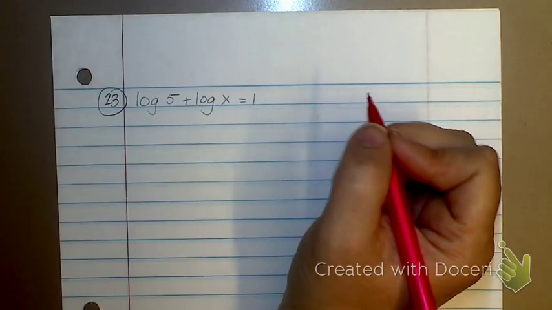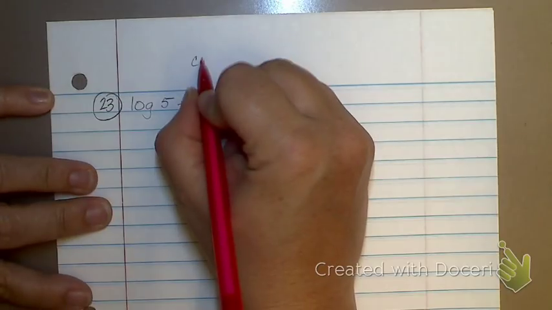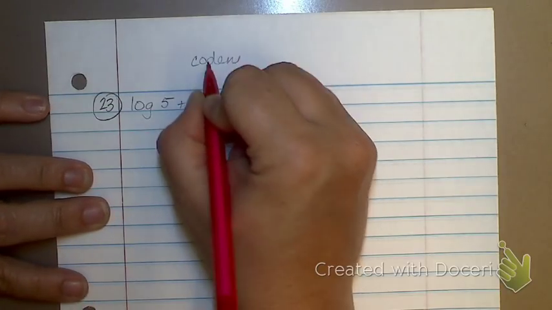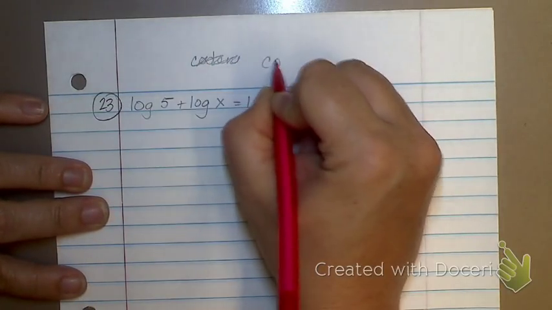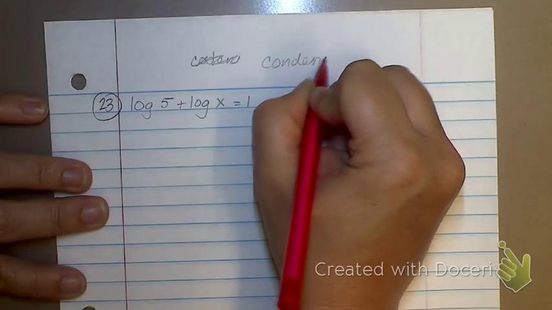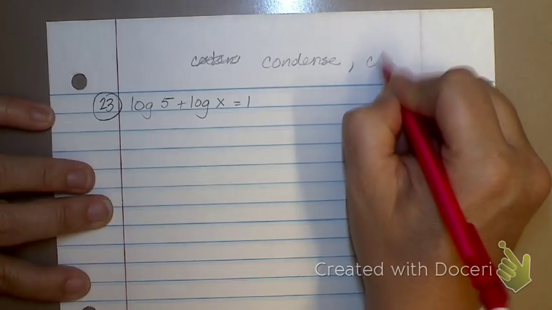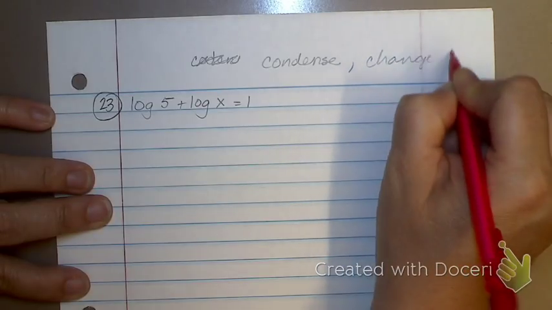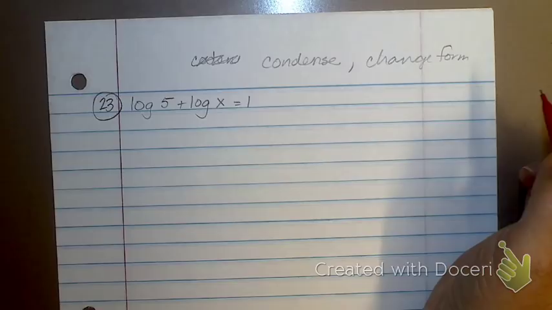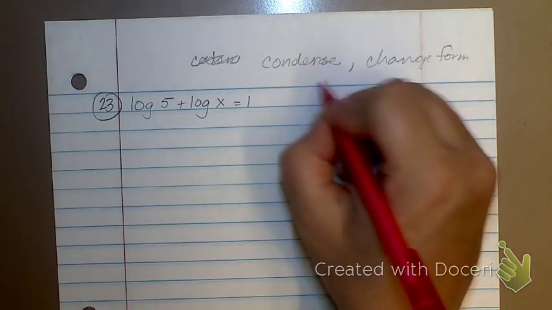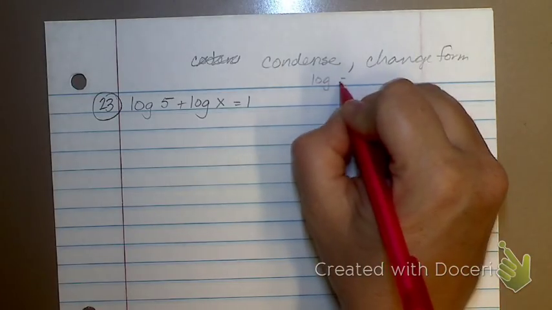When we're solving, our general rule is condense first. Condense, and then go to exponential form. So condense and then change form. The only time you don't follow that process is if you have log equals log.